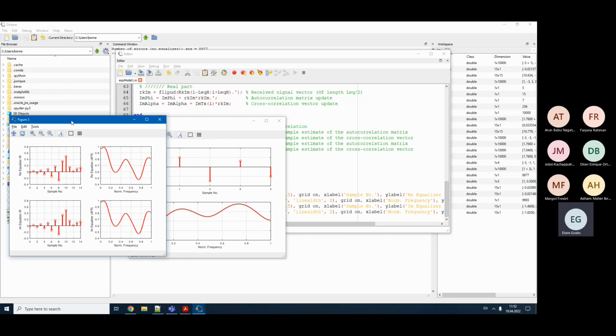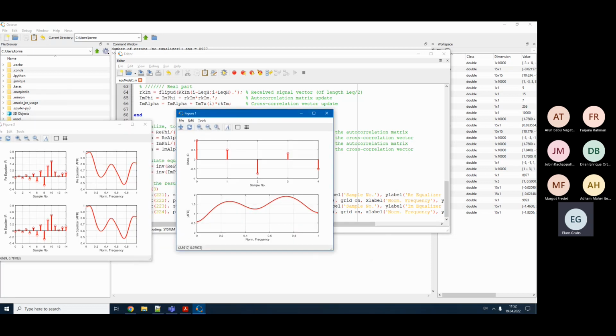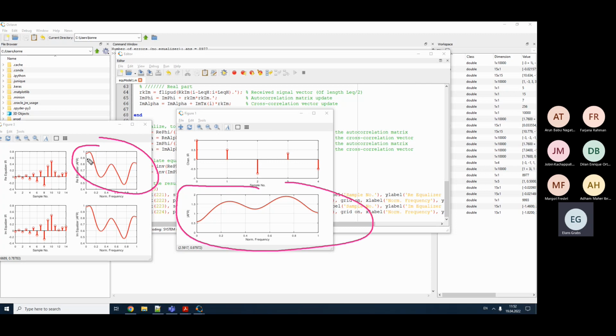If we compare these frequency responses, you can clearly see that where this is small, this is big, and vice versa. This is small here, and this is big here. So they match and compensate each other so that they roughly will be around 1.